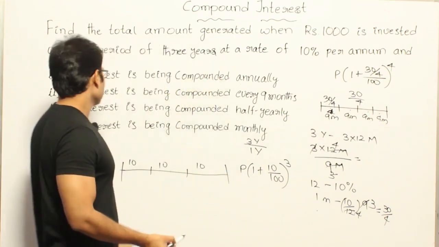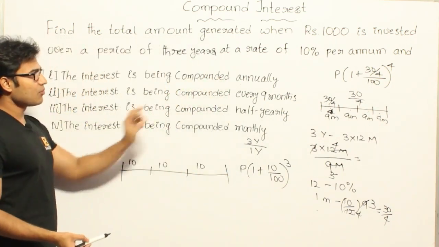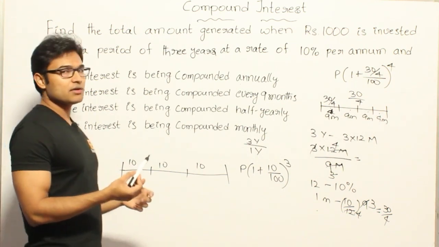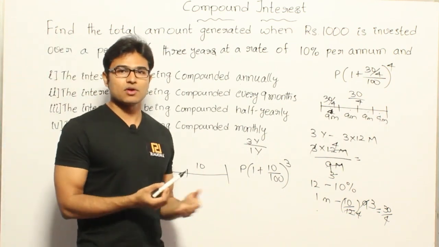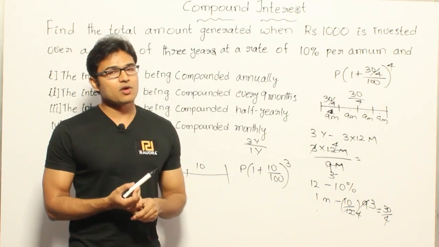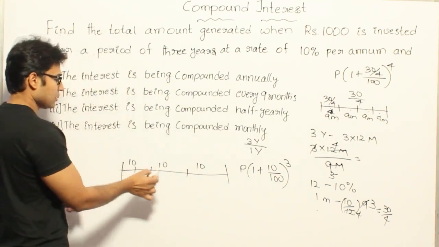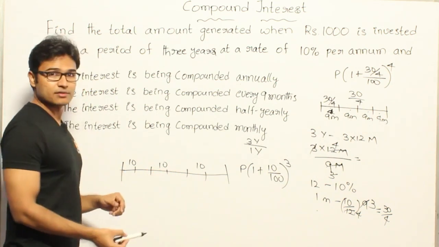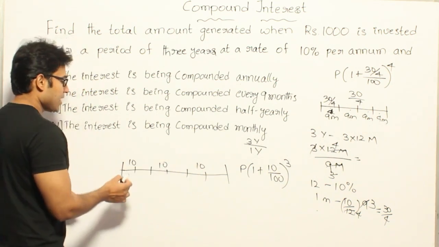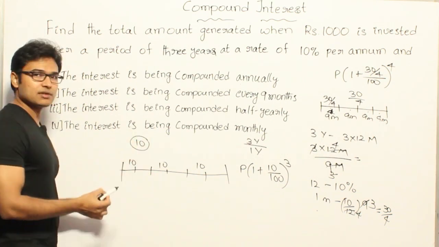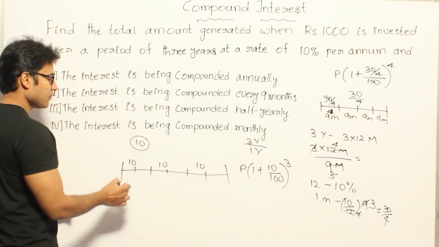Okay. And the next one is the interest is being compounded half yearly. So they are saying that 3 years they are dividing into half year slots. In 3 years how many half years will be there? 6, right? Therefore 6 parts are there. And if for 1 year the rate is 10%, then for 6 months the rate will be 5%.